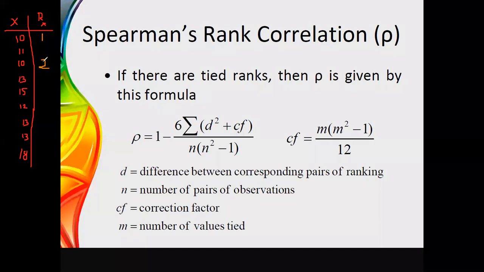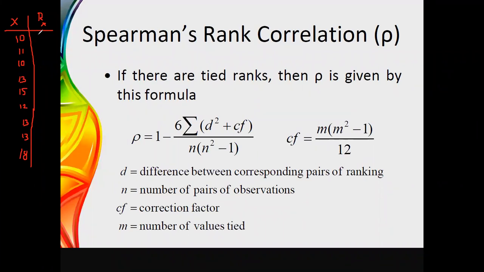Definitely we cannot do it. Another person may say, I will give this ranking 2 and this ranking 1. In a situation like this, you cannot have different rankings for the same number. In such a situation, we have to identify a common ranking for these observations.